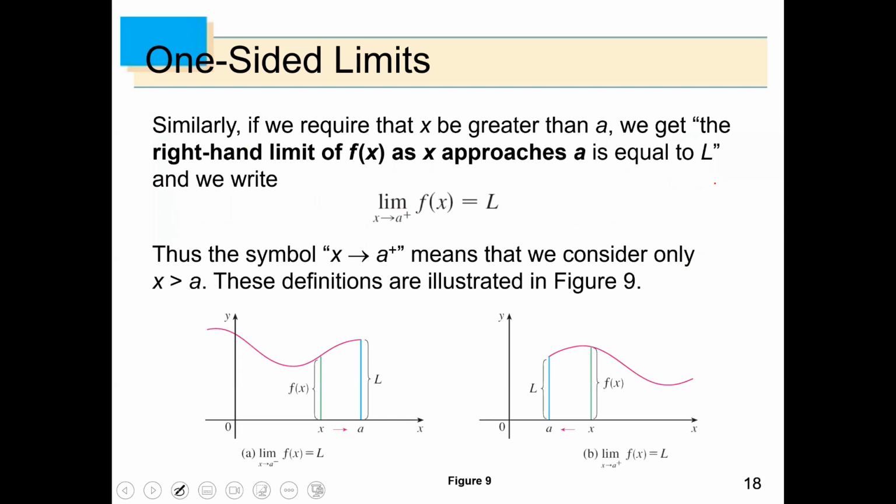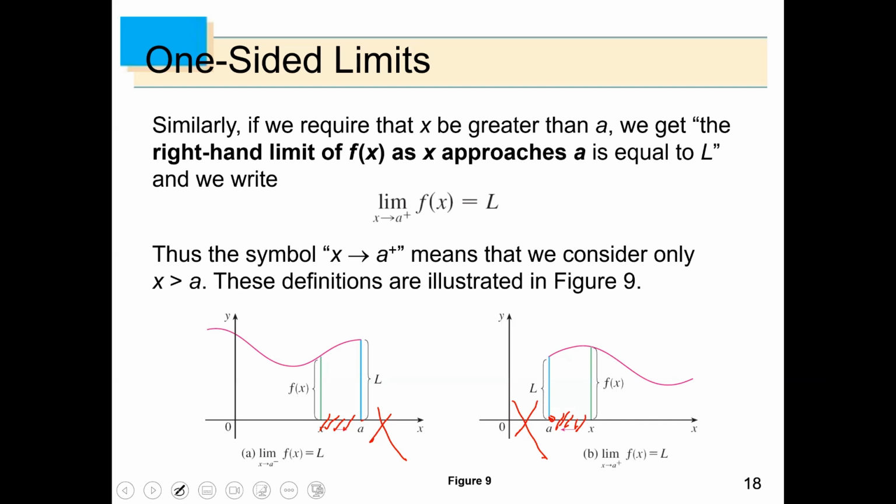Okay. So in terms of graphs, let's start with a minus. This is a. So approaching a minus, that means x is somewhere here. I cannot take this side. And when I say a plus, this is my a, so I am somewhere here, but I cannot take the left.